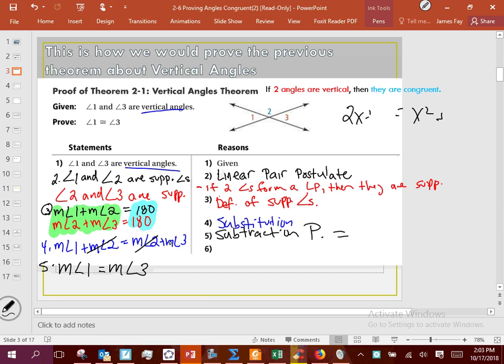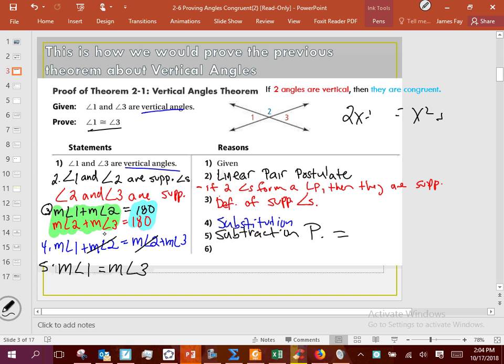All right, so now we get to this last statement, measure of angle 1 equals measure of angle 3. That's not exactly what we wanted to prove. So think about this. Measure of angle 1, using that symbol, we know that there's actually a number that we're trying to reference here, right? But that number, because of the symbols we're using here, should be attached to some angle, correct? So we're saying that this number here is the same as that number there. That means that the sizes are the same, correct?